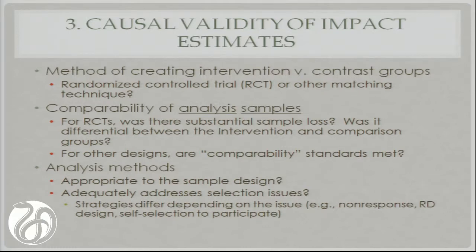One thing that is really important in judging the causal validity of the impact estimates is the method that was used for creating intervention and control groups. How were those two groups created, and how likely is it that, given the way they were created, you will be able to get an unbiased estimate of the program impacts?